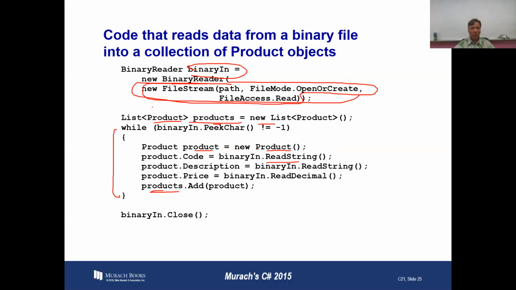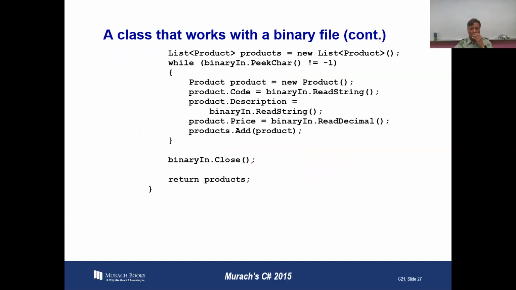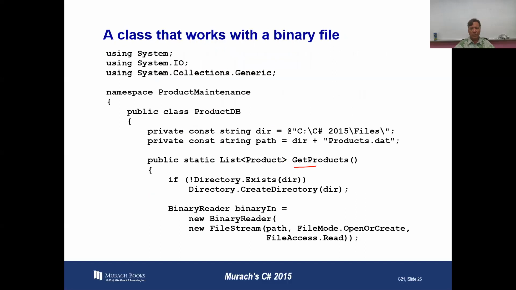And here we're going to return it. This gets the products. Here, it's binary, so it's the same as before, except we aren't dealing with the splitting of strings or anything. We just read these in and return it. So you can see that this parallels reading text files.